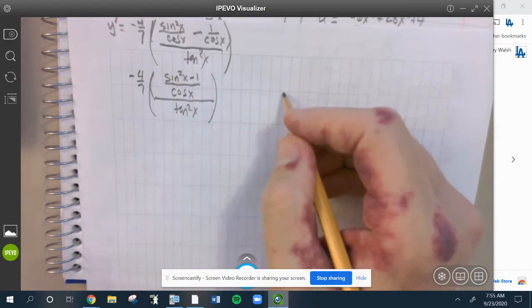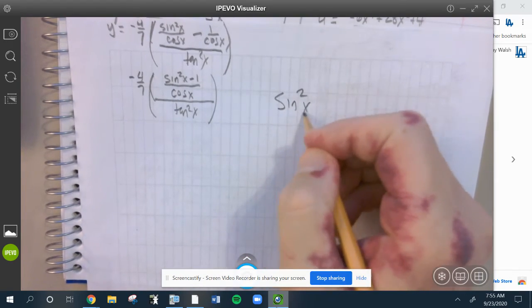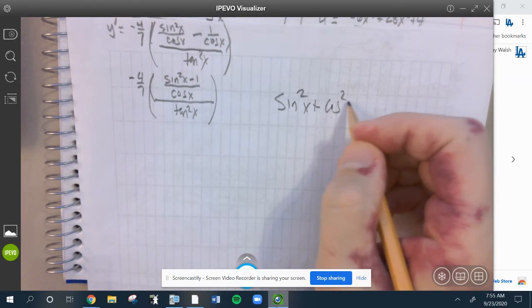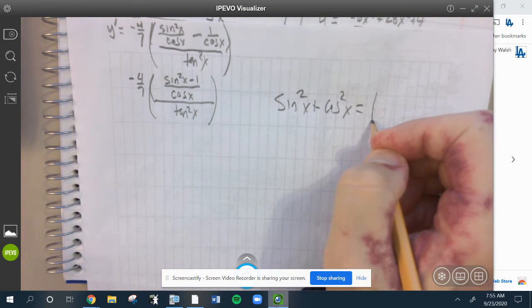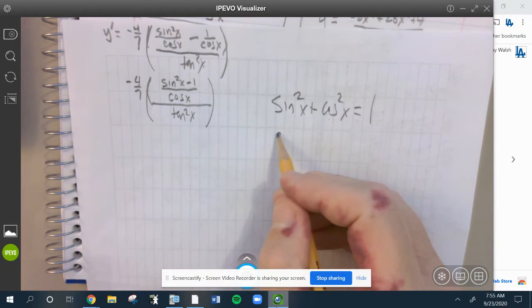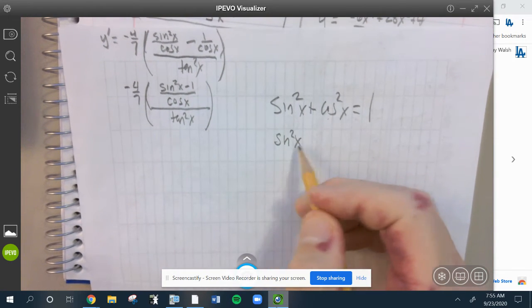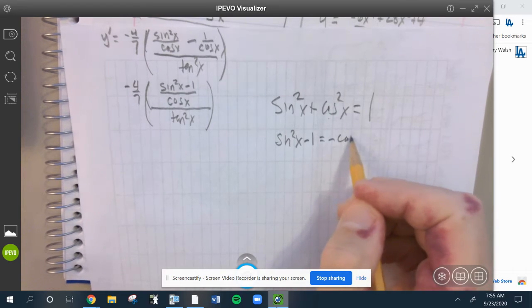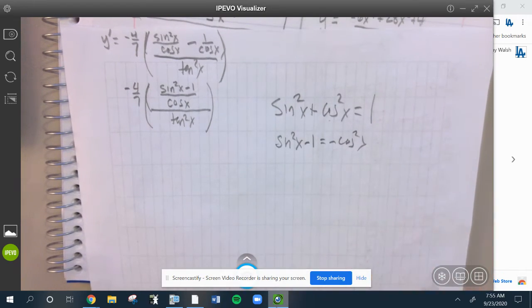We know that sine squared plus cosine squared equals 1. If you forget that, you should start memorizing that again. That's just a Pythagorean identity. It's a very popular one. So that means sine squared x minus 1 equals negative cosine squared x if you just move your terms around.